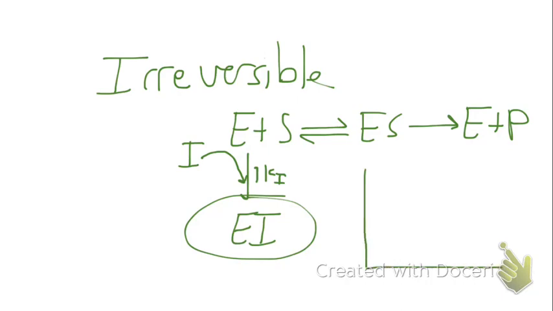If we looked at the Michaelis-Menten graph of this type of inhibitor, we'd have our normal untreated enzyme, and then we treat it with an inhibitor. It would look like this, and it would just die. Things like penicillin and beta-lactams, that family, are irreversible inhibitors. A lot of our antibiotics are irreversible inhibitors.